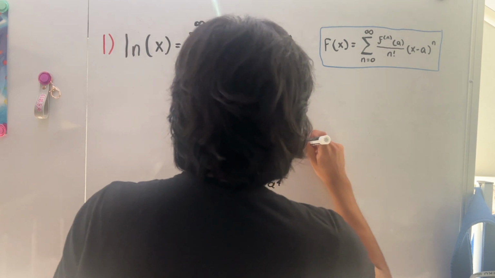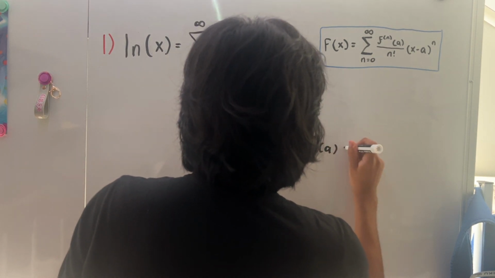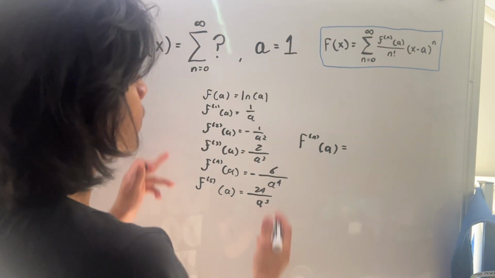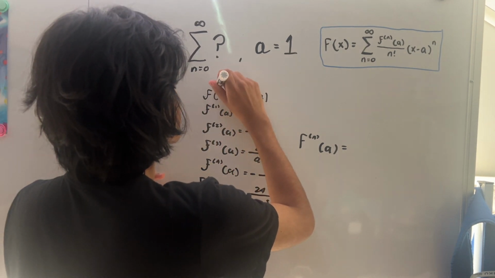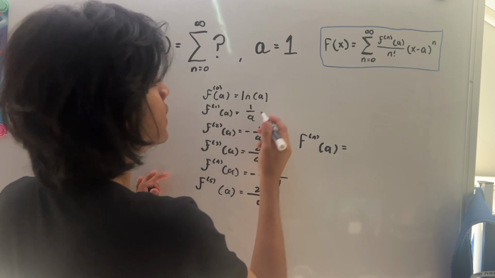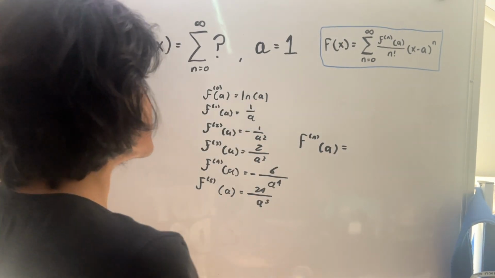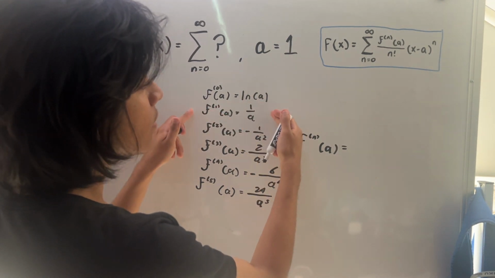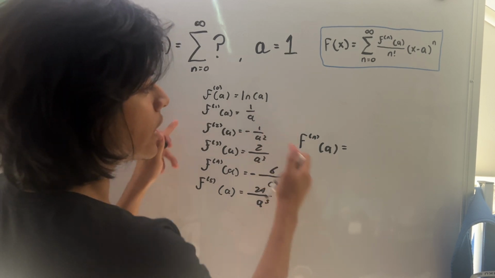Okay, so now we try creating an expression for the nth derivative of our function at a. However, notice that for when n is equal to 0, this is ln of a. So pretty much what I'm trying to say is that for when n is greater than or equal to 1, we have a noticeable pattern that we could create an expression for.